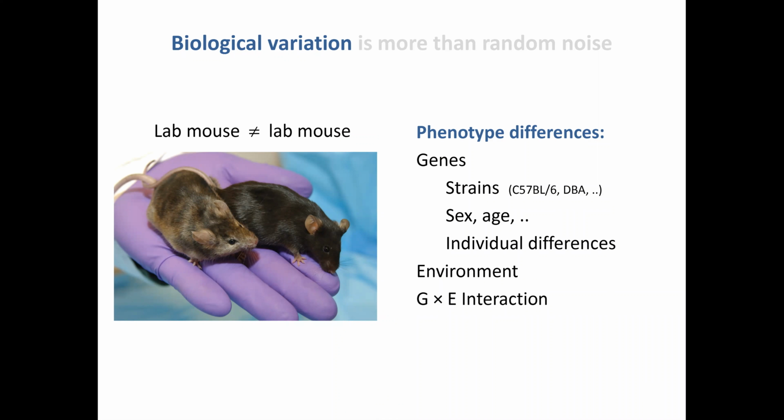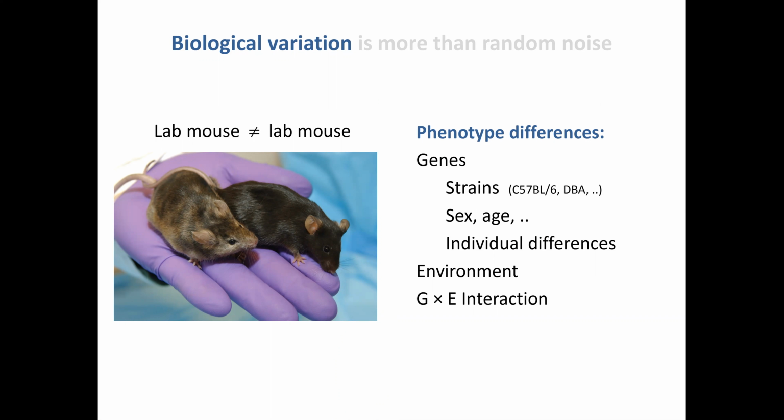We can have sex differences, age differences, and of course also individual differences on the genetic level. Even though individuals of a strain are genetically very similar, they are not entirely identical. So even within a strain, we have individual genetic differences.